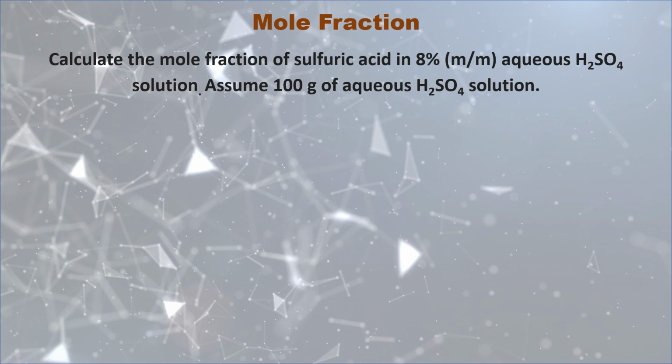Assume 100 grams of the aqueous hydrogen sulfate solution. It seems like there are missing values, but if you analyze it, since 8% is already given, take note, in an aqueous solution the solvent is always water.